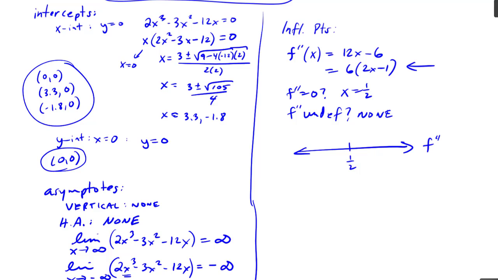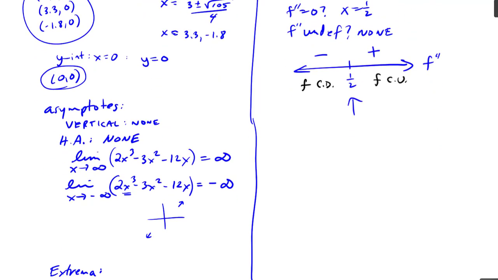Find out signs of this. When I'm at 0, this ends up being negative. When I'm at 1, this ends up being positive. So here is where f is concave down. Here is where f is concave up. I have a change in concavity at 1/2, a point on the curve.